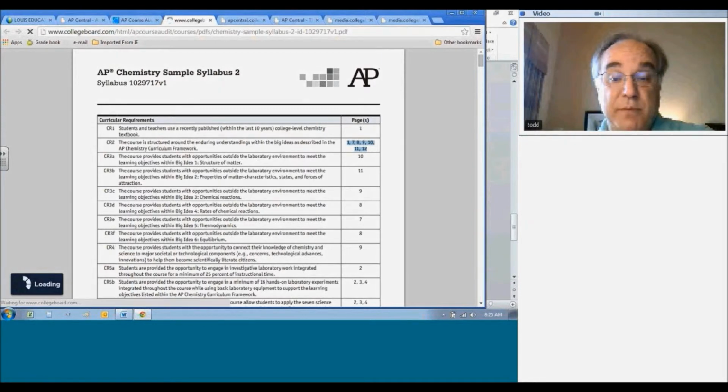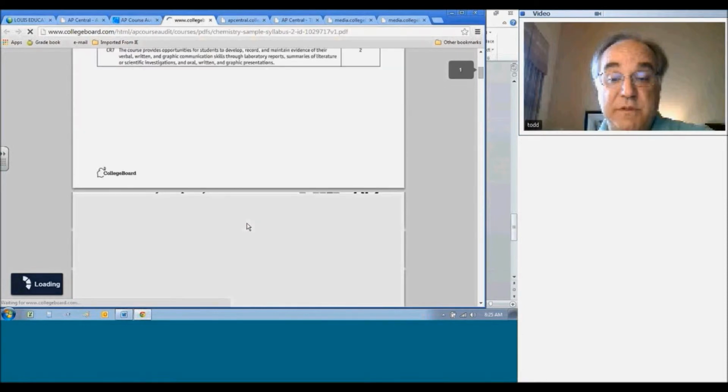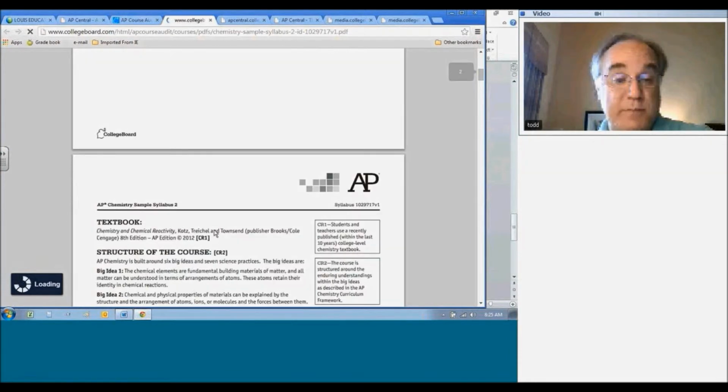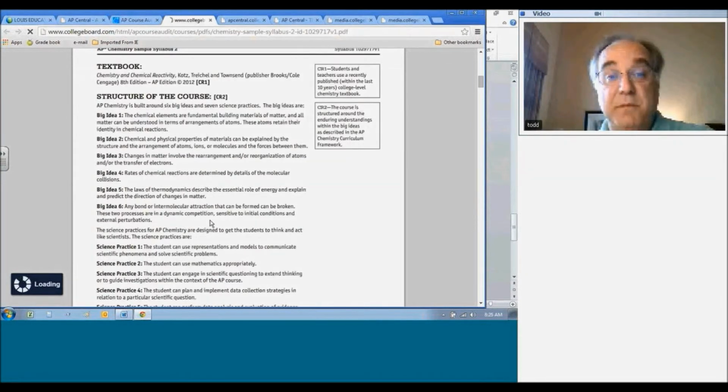And then each of the subparts are listed out. Now, of the 4 sample syllabi, 2 are written for the Zumdahl textbooks, 1 is written for Brown and LeMay, and 1 is written for Coates. But just because it's written for the Coates book and you're using Brown and LeMay doesn't mean that you cannot use this particular format of the syllabus.